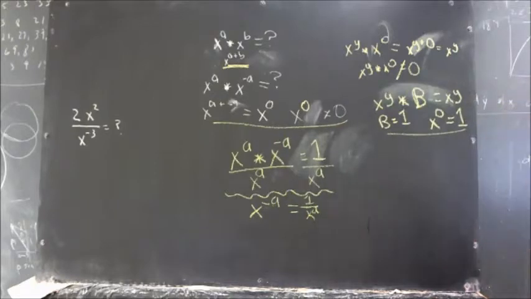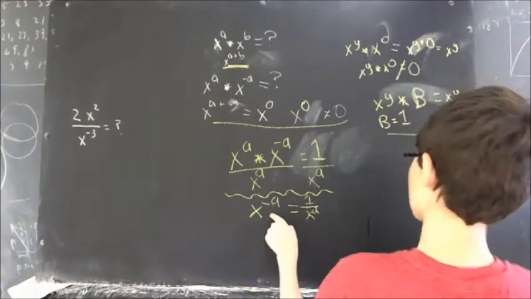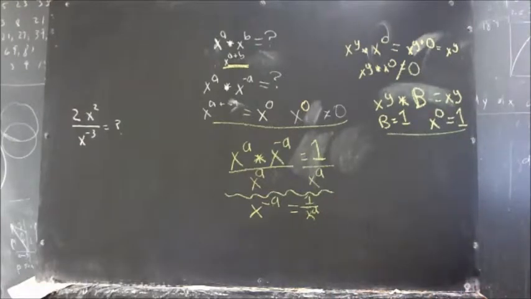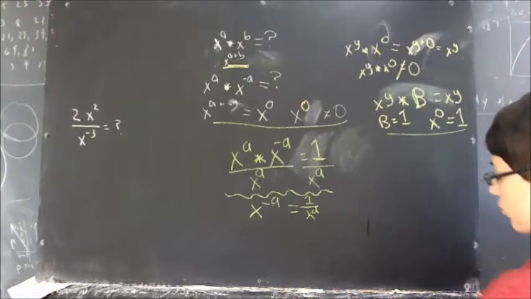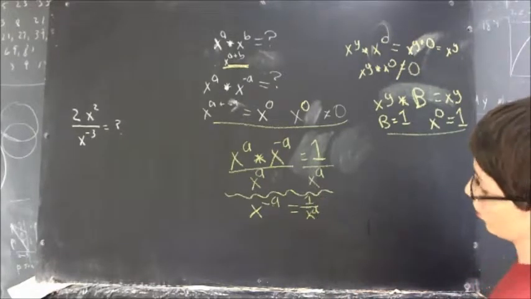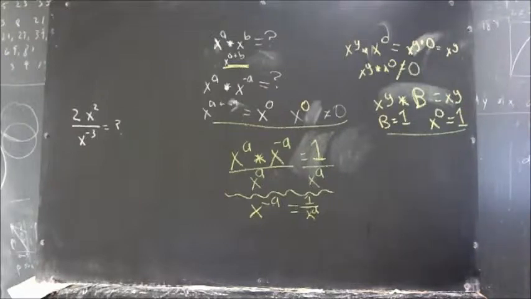Now, if you just think about it for a second, wouldn't that just mean any negative exponent for, let's say, x is equal to the reciprocal, because we have x positive, so it's 1 over x to the positive a. So that just equals the reciprocal.